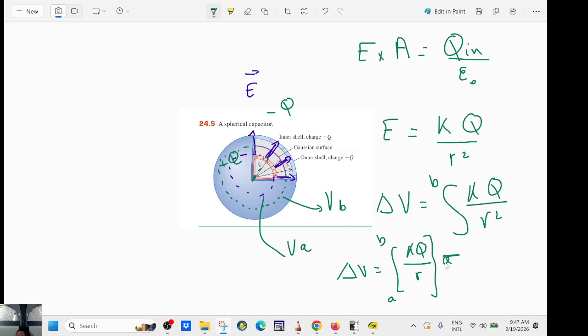And that's going to be kQ/RB minus kQ/RA, and you have to be careful at the end that this voltage is higher than that voltage. But that's how it's done. Okay? So I'm putting more details on what we did last time. Last time I just gave you the equation. Now I'm showing you how to do it and how to use calculus.